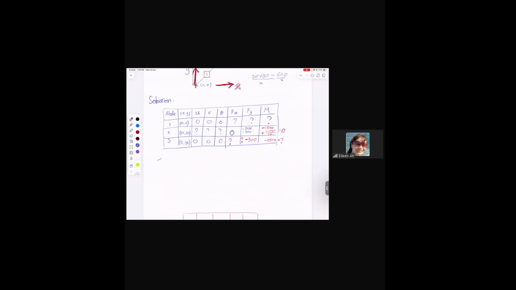So we have the displacement. We use 3 nodes and 2 elements for this problem. And may I ask, what is the size for the displacement matrix? 6 by 1. 1 by 6.